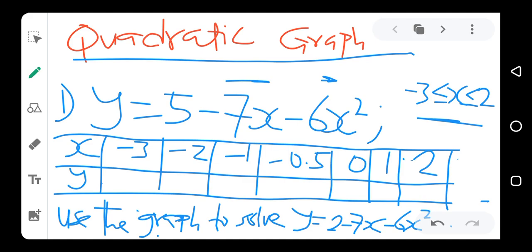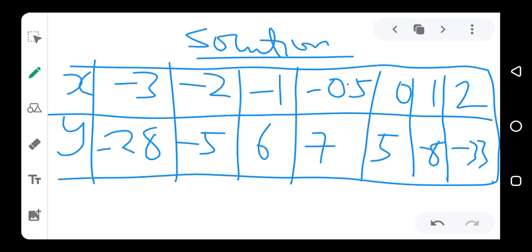Now, watch how I did it. I've actually worked on it just to show you how I did it. This is our table of values. If you solve it, you get these values for y. So I've done this to make this lesson easier for us. So from this table of values, we now draw our graph.